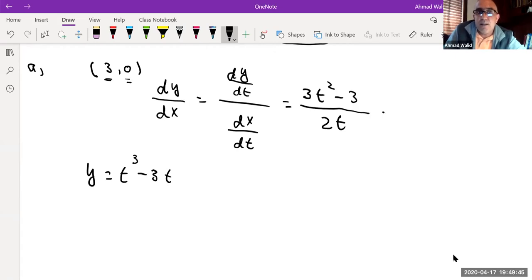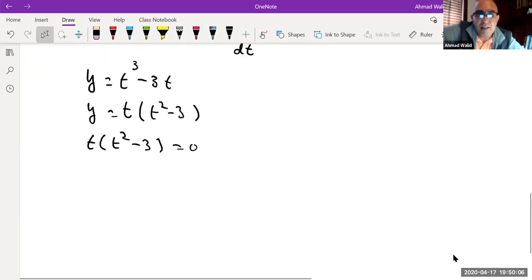Then y equals, if I factor this, t times t squared minus 3. And if I plug in the value of y as 0, it means t times t squared minus 3 equals 0. Let's solve it.